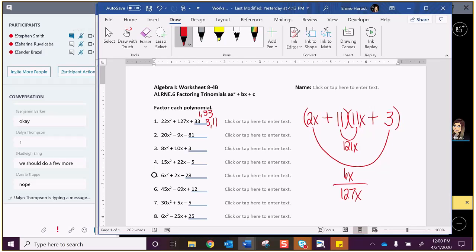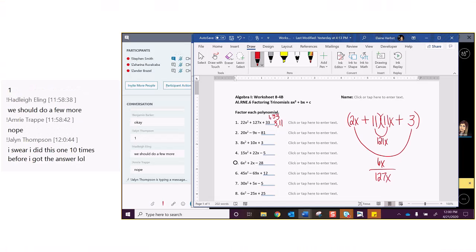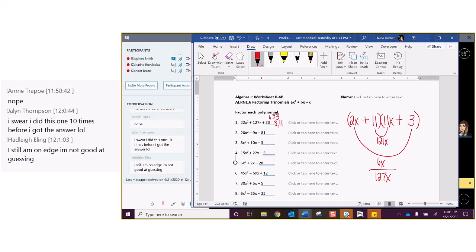What I see students do is take the 3 and 11 out right away, try 1 and 33, then 33 and 1, and then think, none of that worked, forgetting that they never switched. That will happen to a lot of you, where you think, I tried every single thing and nothing works.